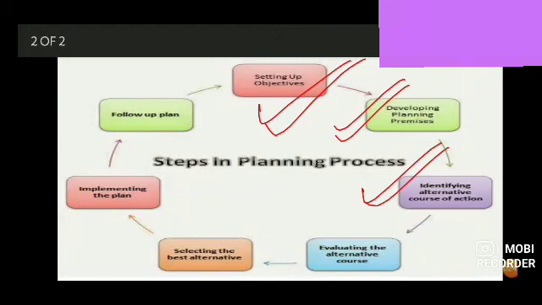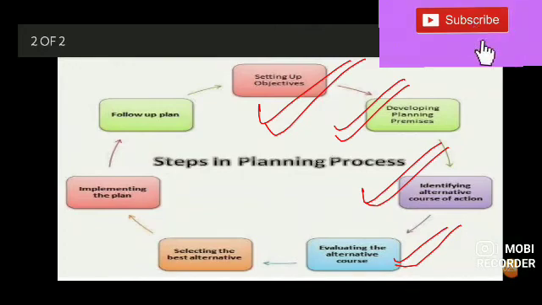Once we have identified the alternative courses of action, we need to evaluate each and every alternative course of action. Whatever courses of action are there, whatever suggestions and judgments we have got from people, we need to evaluate whatever they are proposing as a solution for the problem, is that solution relevant enough to the problem that we are having.